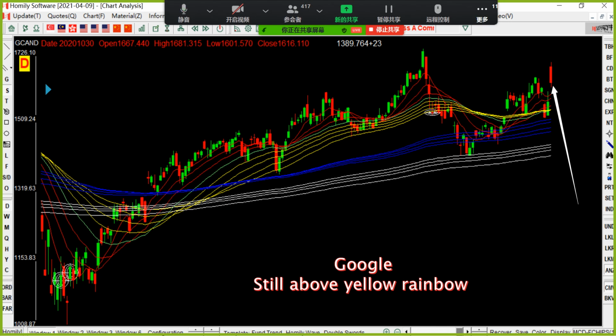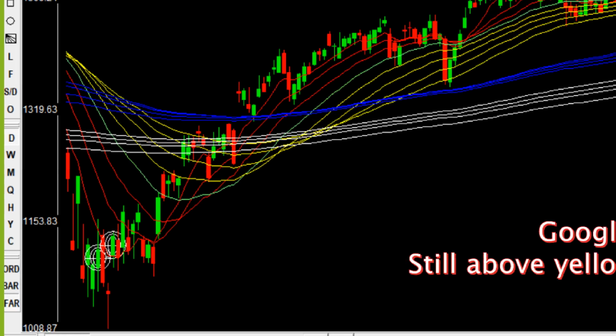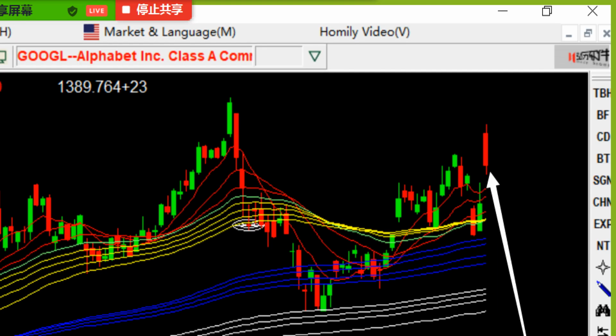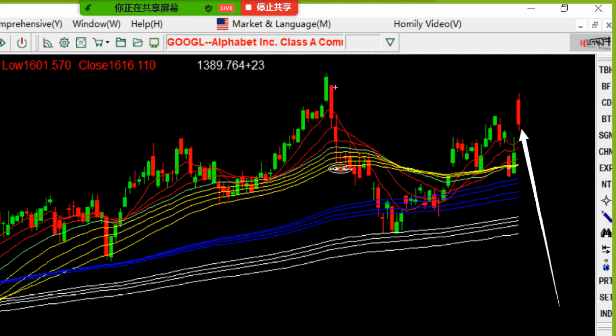I think this share is stronger than other companies because only this share's price now stays above the yellow rainbow, and in the last market drop, Google was the first share that could touch the white rainbow. Only Google. You can check Apple, Microsoft, Amazon.